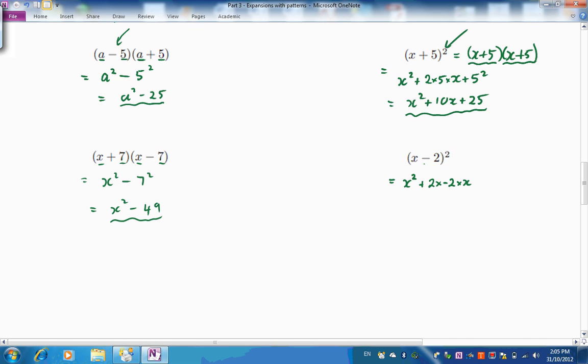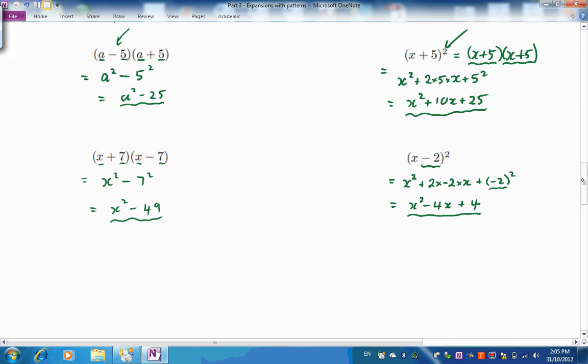Don't forget, the second term here is really neg 2, and then plus that second term, neg 2, all squared. So it's x squared. Now 2 times neg 2x is neg 4x. The middle term here would have been negative, and we had 2 of them. Neg 2 squared here, and negative times a negative is a positive.